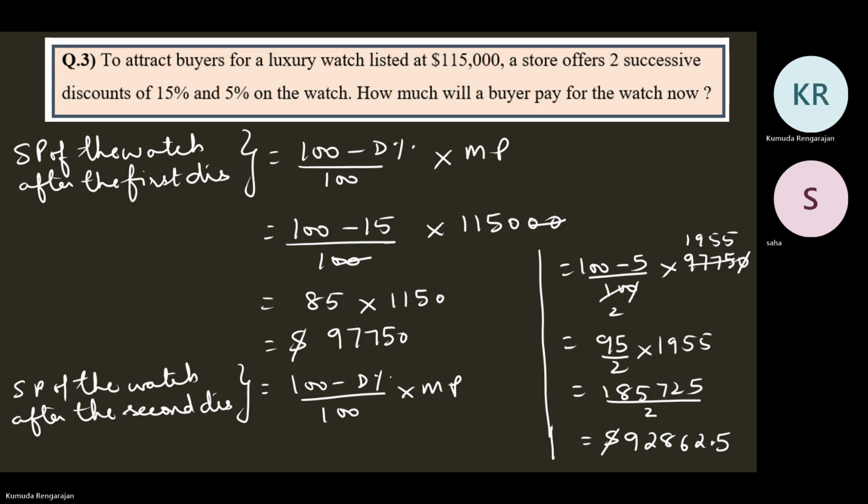So the buyer has to pay $92,862.5 after the 2 successive discounts.